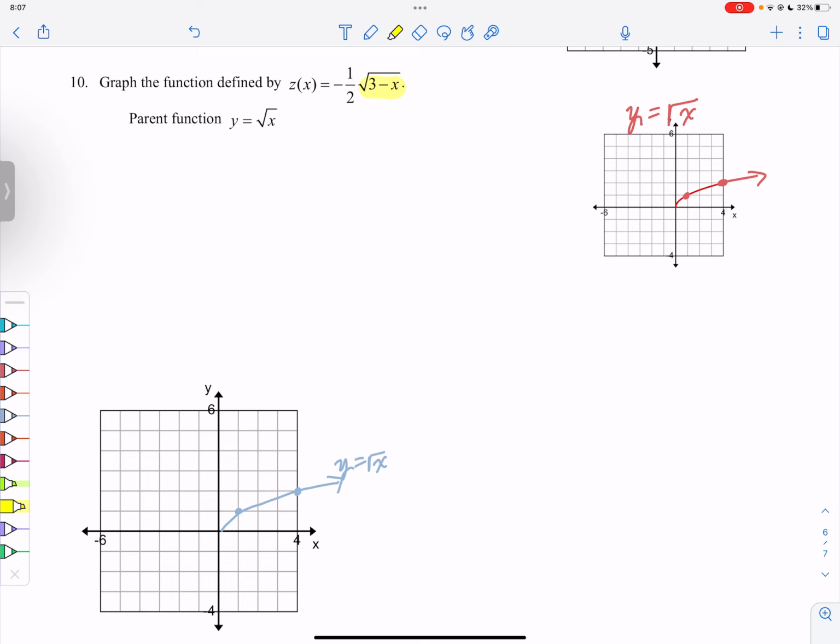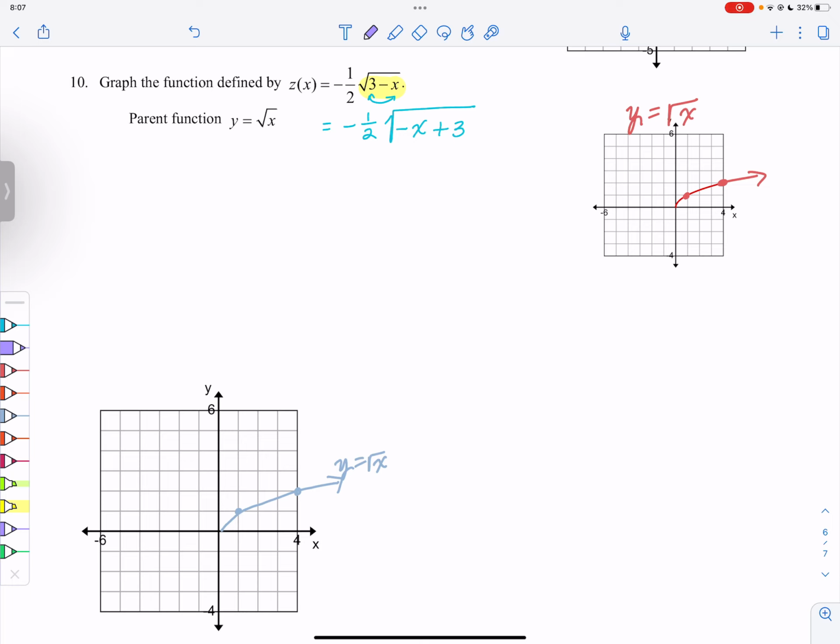However, I'm going to have you rewrite this, and that's going to be negative 1/2 times the square root of the opposite of x plus 3. So I just switched places here, okay? So let's go through each item that we have.